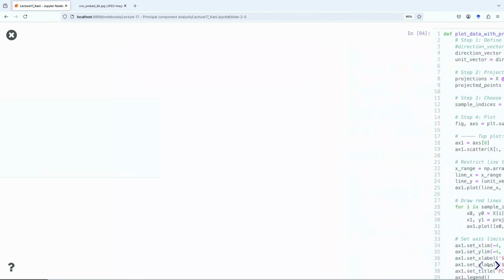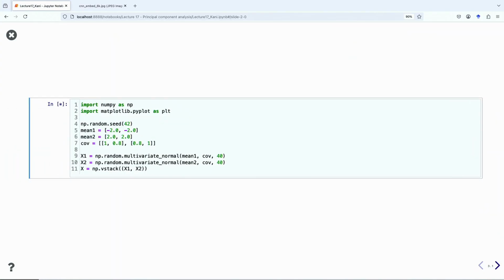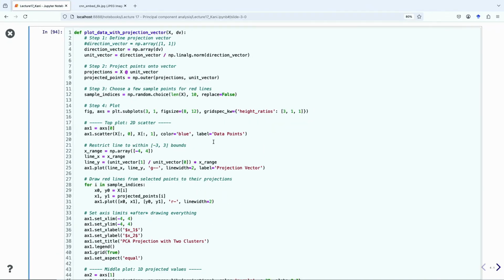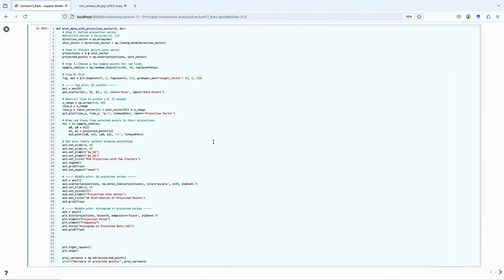So let's first construct an artificial example. This just gives us an artificial example here, and this is just a plot function.